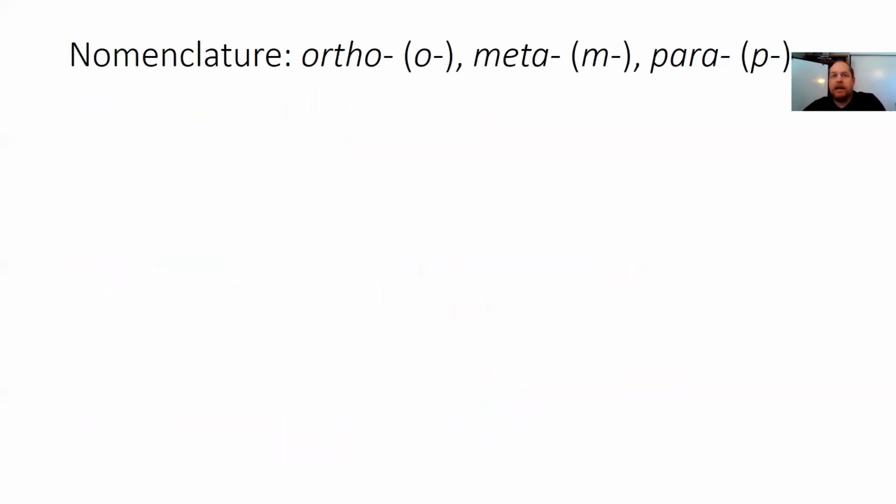Now, if you have more than one substituent on the benzene ring, for example two substituents, let me try drawing a hexagon rather than a pentagon. There we go.